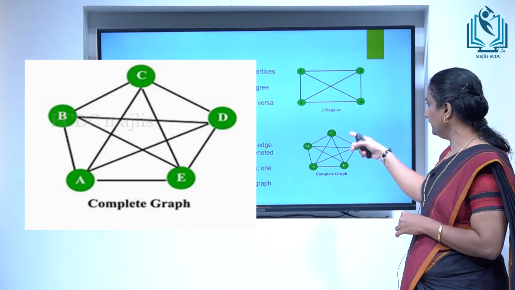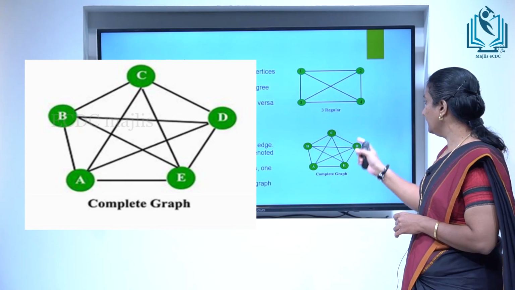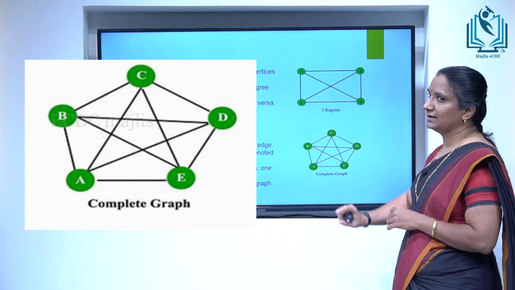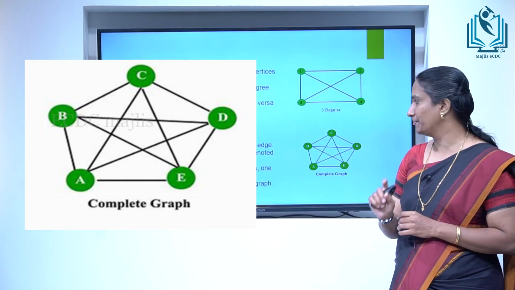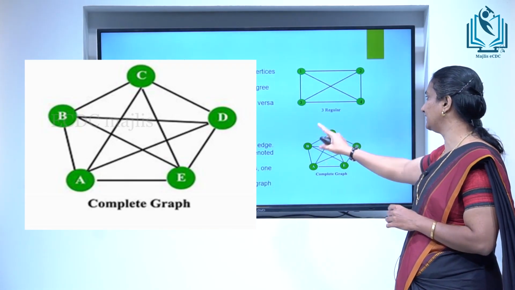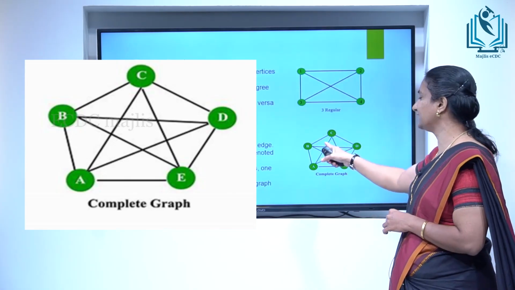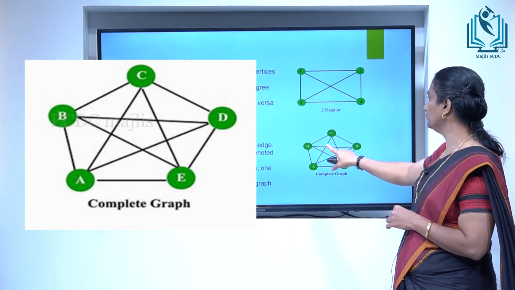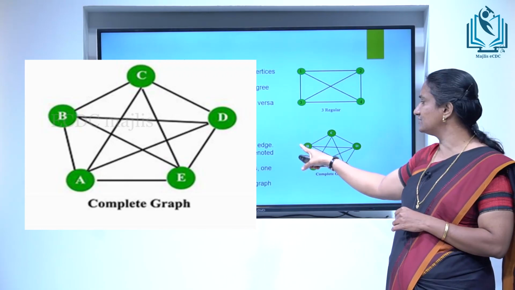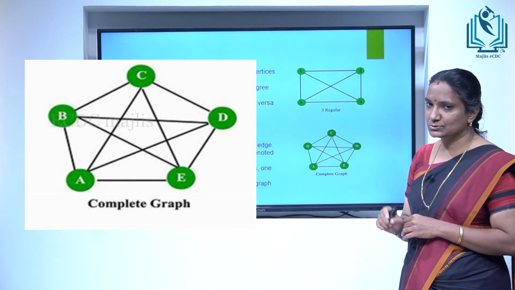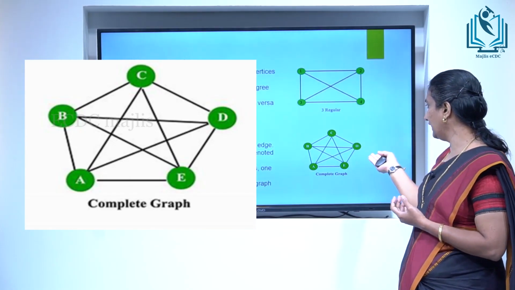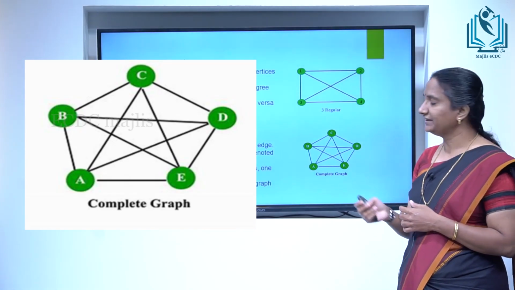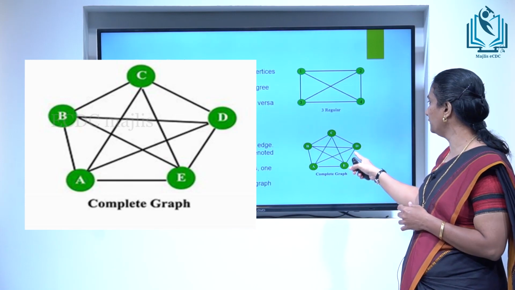So in these 5 vertices, each vertex has degree n minus 1, that is 5 minus 1, which is 4. If we take vertex B, the degree of the vertex is 4, since 4 edges are incident on vertex B. If we take another vertex E, the degree of vertex E is also 4.